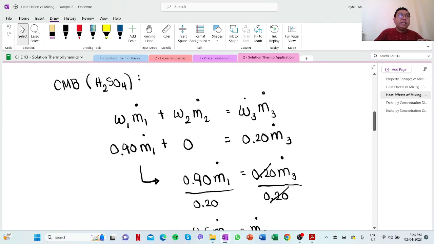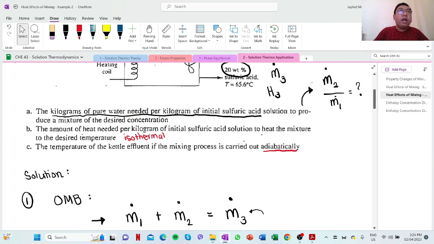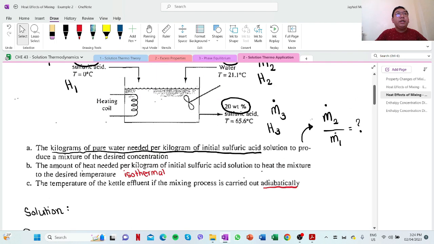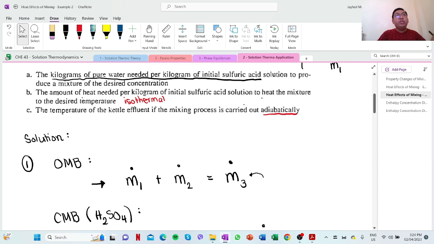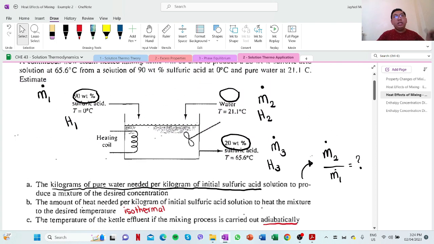For item C, you will require a graphical approach for this one. So we need to know what is the temperature of the kettle effluent if the mixing process is carried out adiabatically. So the 65.6 is only applicable if the process is isothermal.